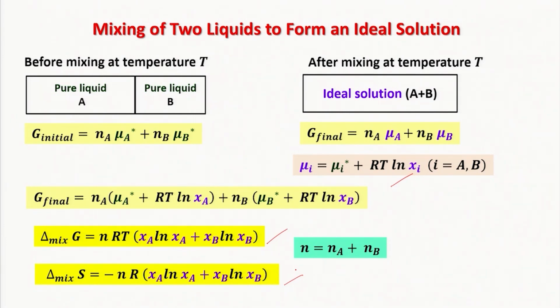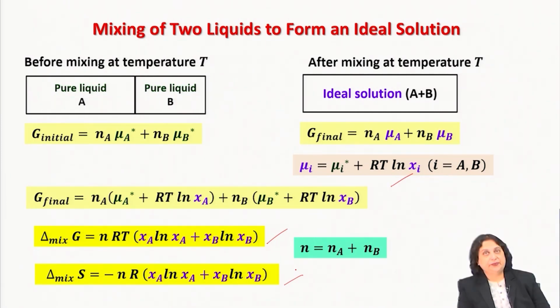And you must realize that this generic expression gives us a lot of simplicity because this is valid irrespective of whether I have an ideal gas mixture or an ideal solution where the two components are in the liquid phase and there is a vapor in contact with this liquid phase.